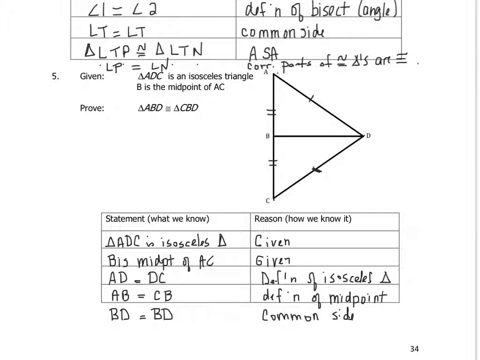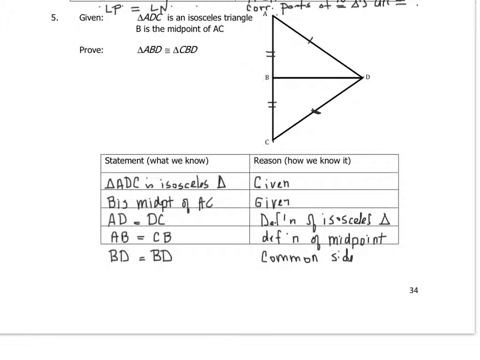So now I have three sides matching up in the triangle. So therefore triangle ABD, if I name the first one that way, I have to name the second one CBD, by SSS, because all three sides match up. And that's all you had to prove in that one.